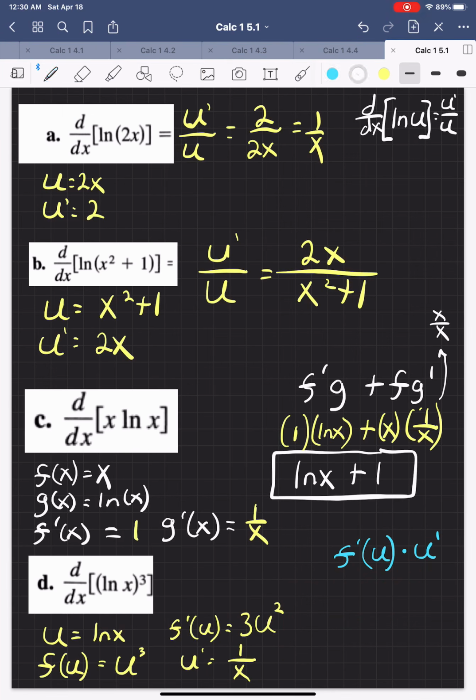For this problem, I'm just going to write f prime of u is 3u squared multiplied by u prime is 1 over x, and now I need to put the ln back in for u. So this ends up being 3 ln of x squared times 1 over x.